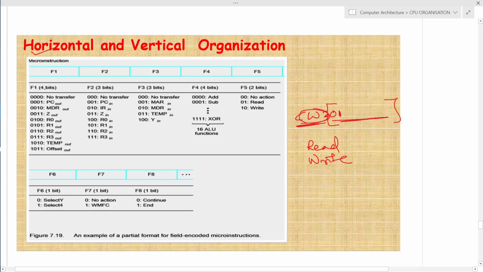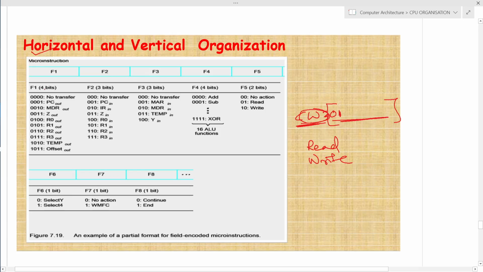For example, if a particular signal is represented like 0001, and then 011, then maybe 001. So that means this 4 bits represent PC out, this 3 bits, 011, represent Z in, and this 001 here represents MR in. This way the interpretation is done in the case of vertical organization.